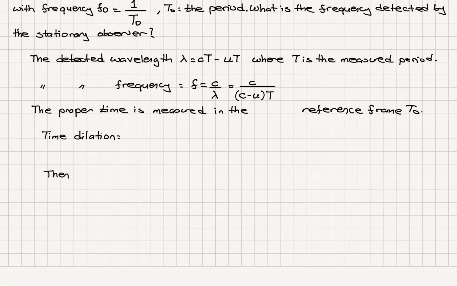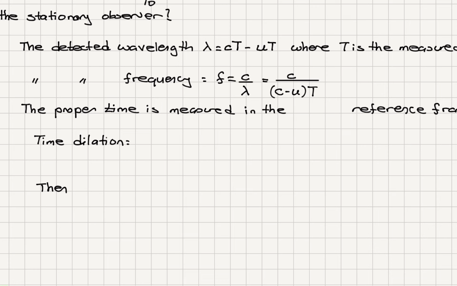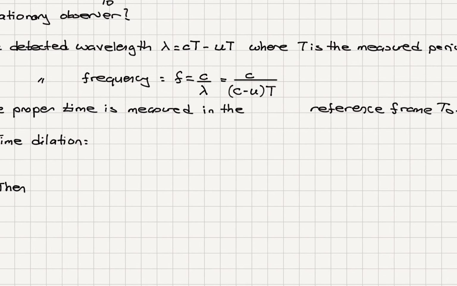Now, who is measuring the proper time for a periodic event here? The proper time is measured in the source reference frame, because each crest emission process in the source reference frame happens in the same position, so it measures the proper time T0.